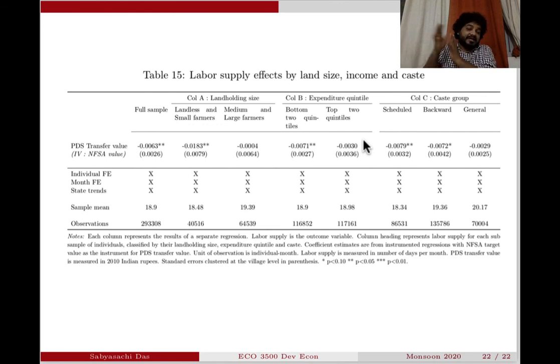That's the chain of events. Then the heterogeneity analysis looks at that effect across various subsamples based on the nature of the work, farm or non-farm, gender, caste, as well as household characteristics such as landless or poorer households versus landed or richer households. And the effect seems to be concentrated on the bottom section of society.